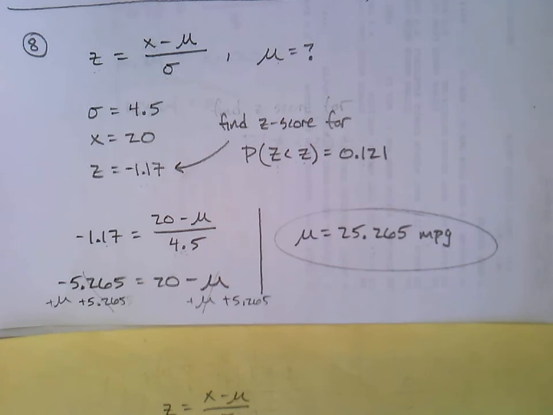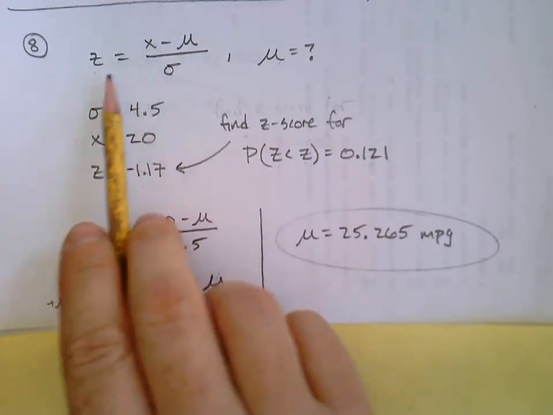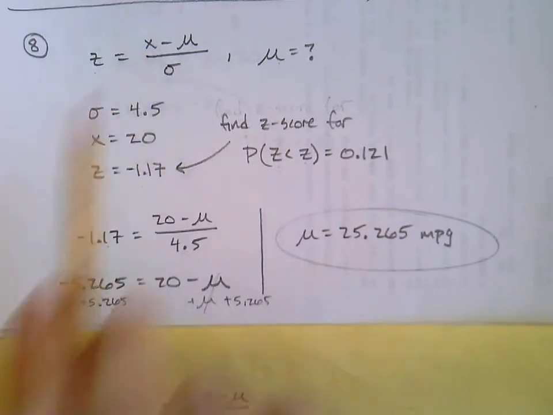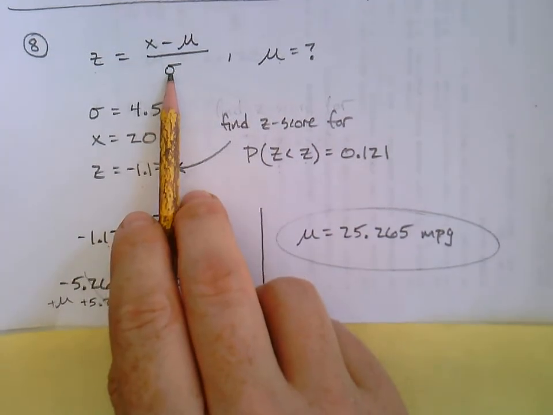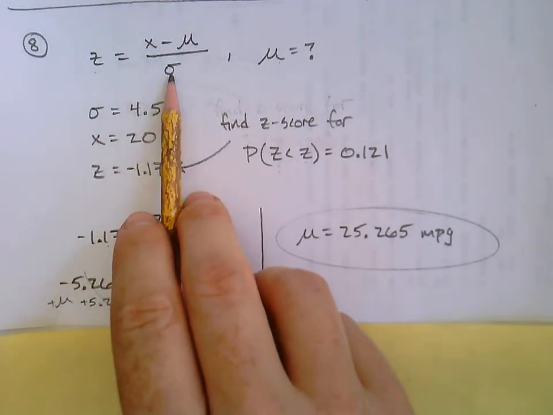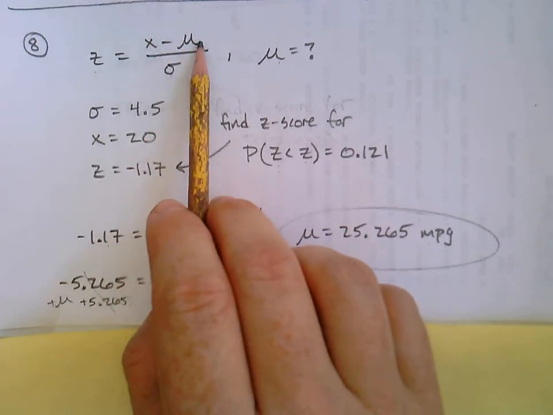It takes some practice with those to recognize, oh, they're looking for the mean, so I'll still use this formula, but I'll fill in the other 3 pieces. There may be questions in the homework where they're asking for sigma. And if they're asking for sigma, then you will be able to fill in the z, the x, and the mu, right?